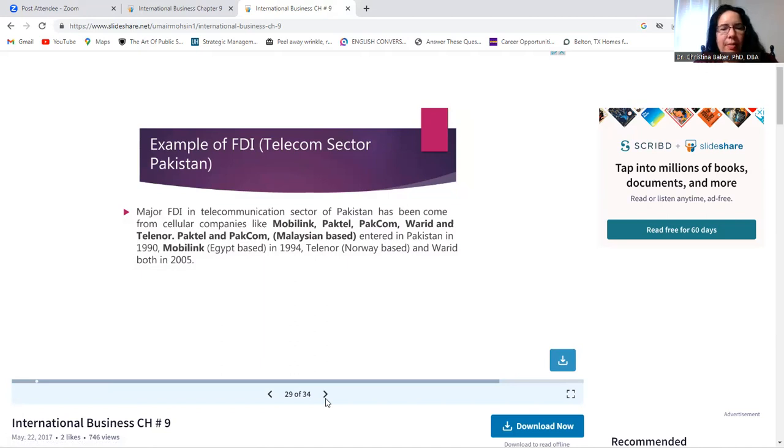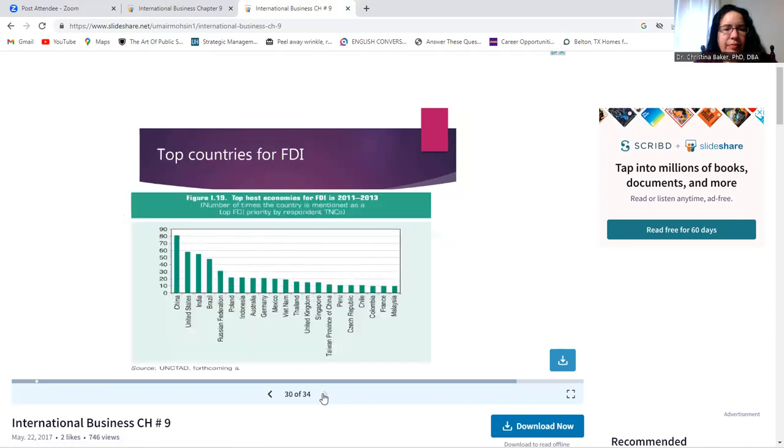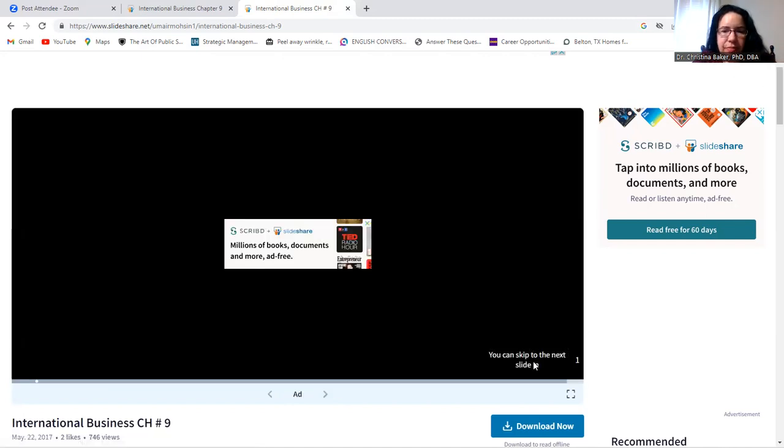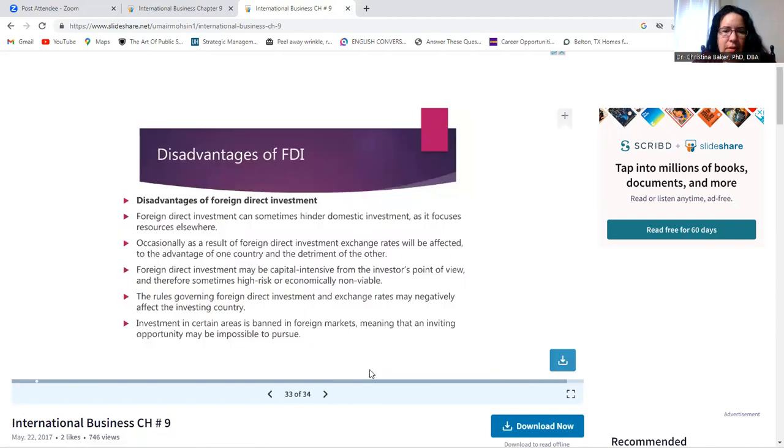Telenor, Norway-based, and Warid in 2005. Top countries for FDI. Advantages include infrastructure, technology transfer, reduced unemployment in the country, consumer benefit, and increase in savings and investment.